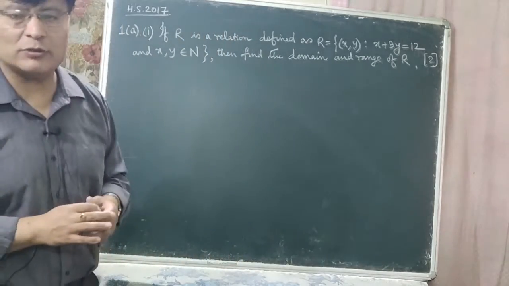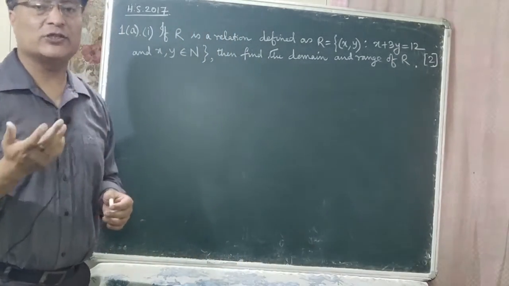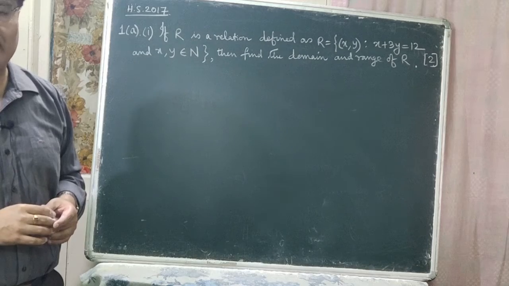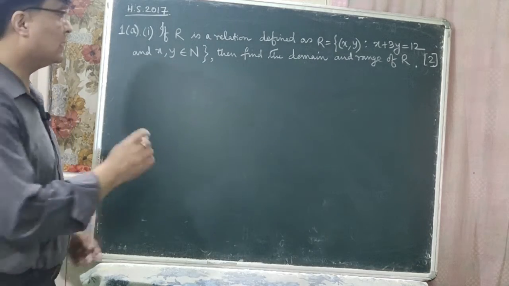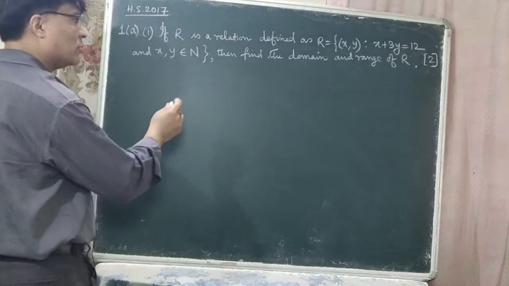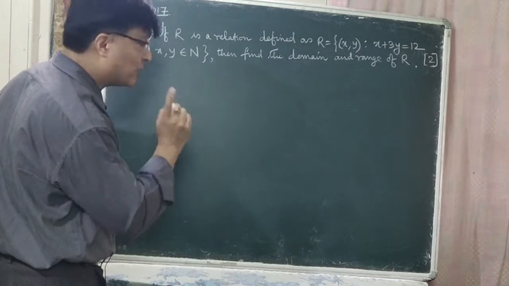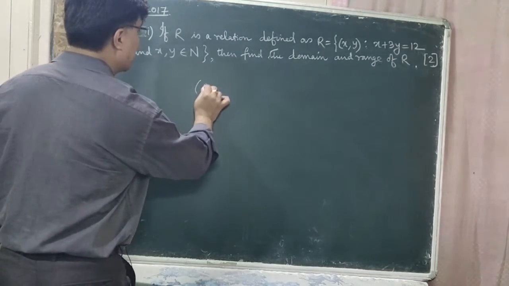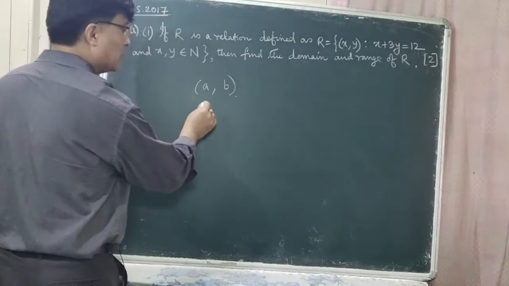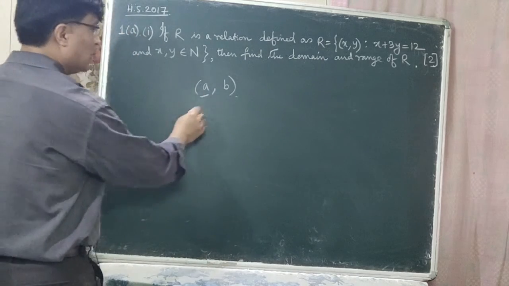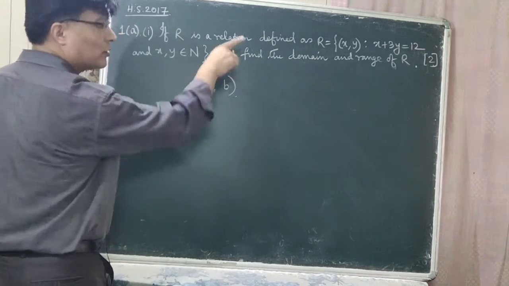You have to find out the domain and range of R. I told you about the domain and range of R, isn't it? You take an ordered pair A comma B. This first element is known as what? Domain.